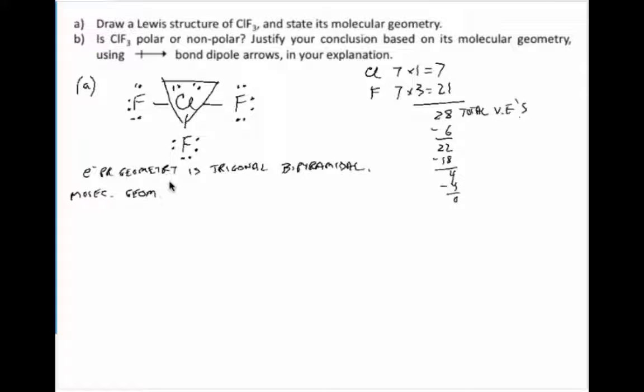So when we're talking about the molecular geometry, pretend that you can't see the pairs of electrons around the central atom. The molecular geometry we have left, draw a line here, draw a line here, is T-shaped.